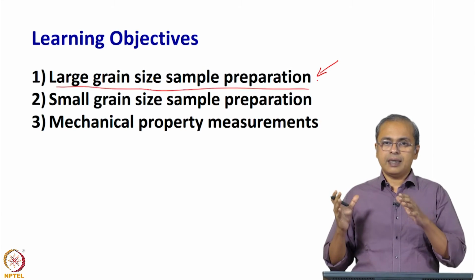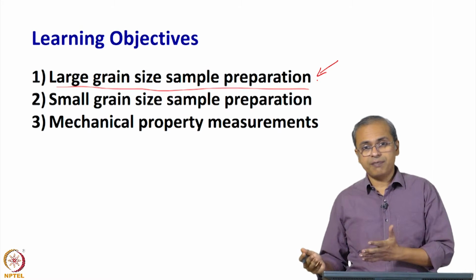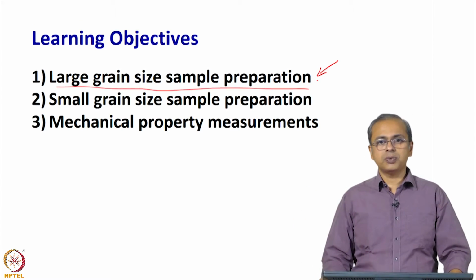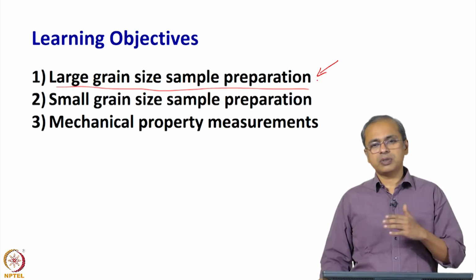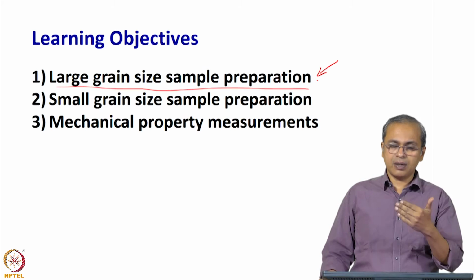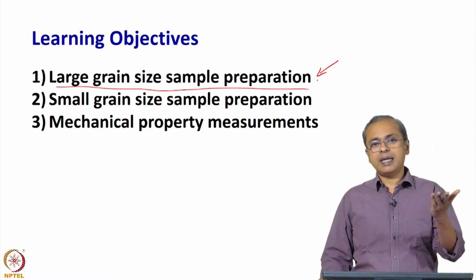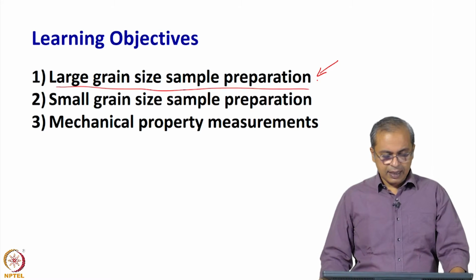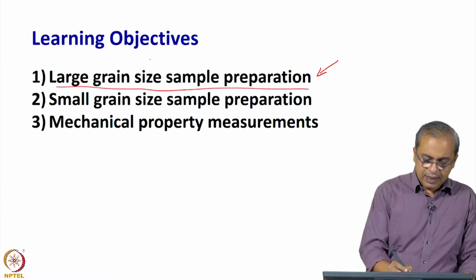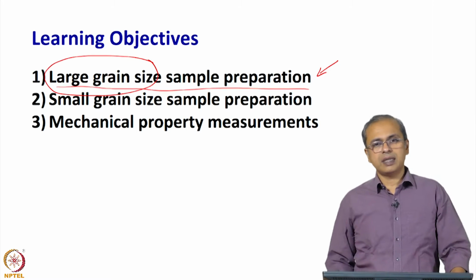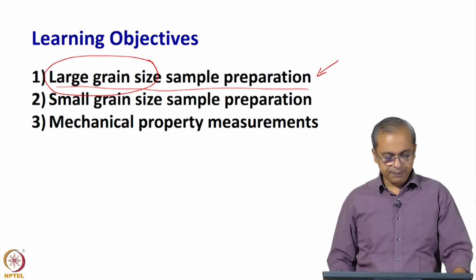When you say that you are seeing some nanoscale effect, to convince yourself and anybody else looking at that work, you also have to make similar composition samples in the non-nanoscale, which is basically the macro scale or micro scale, so to speak. So, relatively large grain size samples are what we are looking at, and how you would go about preparing them.